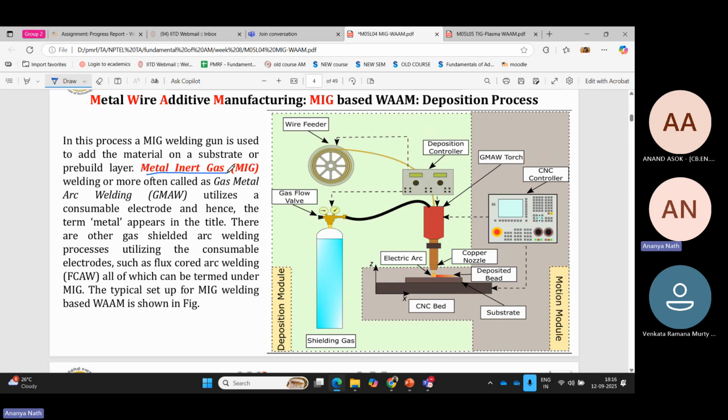And eventually, when you subsequently print other layers, your previous layer needs to be remelted from the top portion, and that can be done easily in that process where I have made the base plate the positive side. So that is the basic concept.